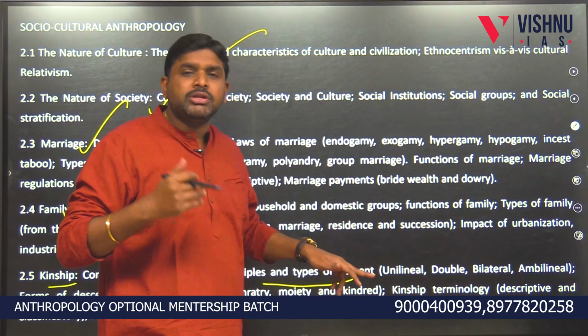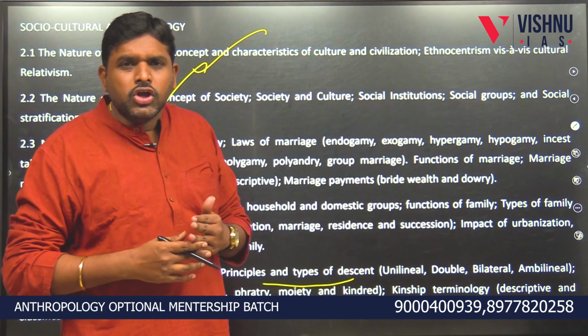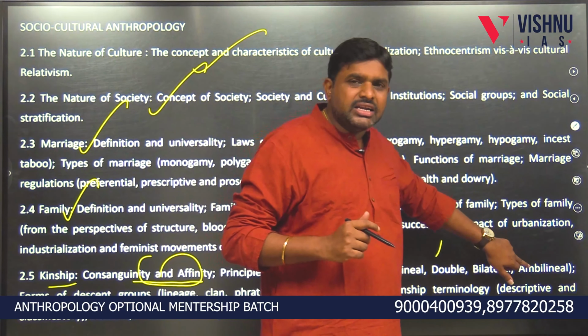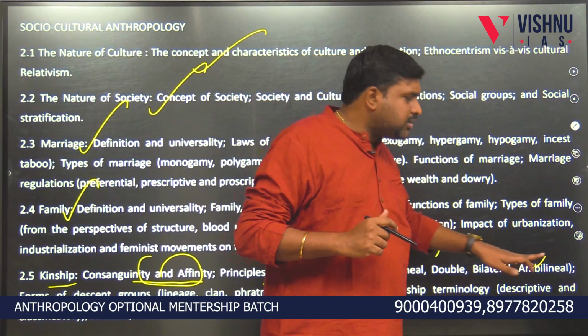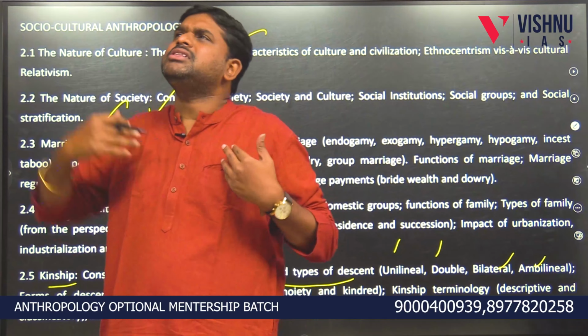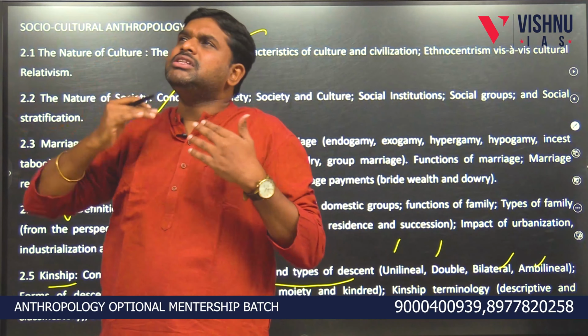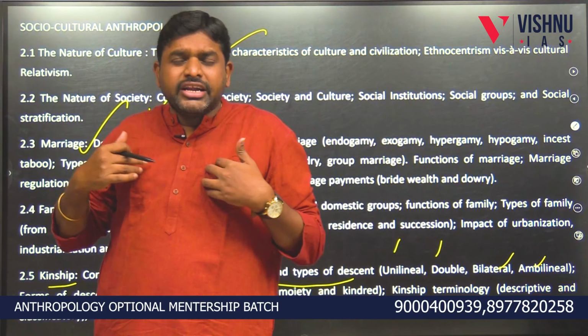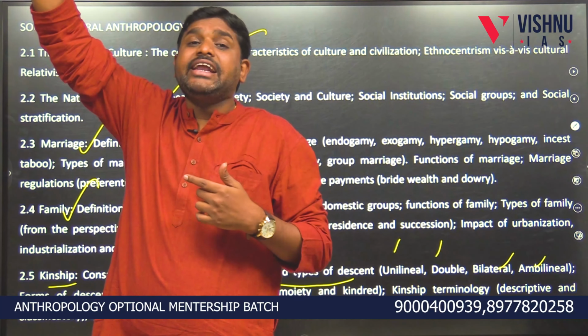The other topic is principles and types of descent, like unilineal descent, double descent, bilateral descent, ambilineal descent. These are different types of descent, meaning how I am tracing my descent. Descent means tracing one's ancestor. In India, I will trace my ancestor through my father's line, patrilineal.